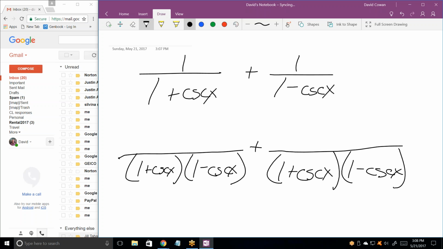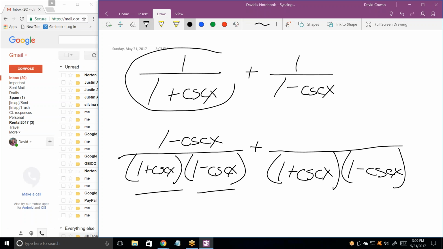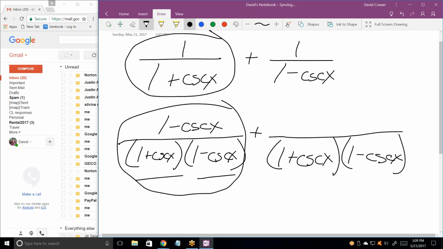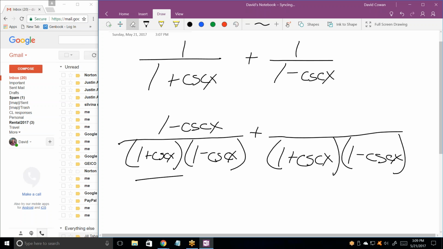Okay. Now, what goes up here on the left? On the top left, it becomes 1 minus cosecant of x. Notice the advantage of writing it like that, instead of multiplying it together. Okay, I see how that works, yeah. Because it makes it really easy to see, have we changed it? No, we haven't. It's exactly what we started with, and that's what we want. We want to make sure we do not change this fraction.